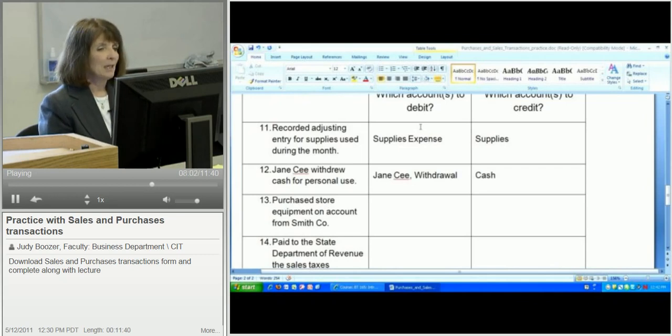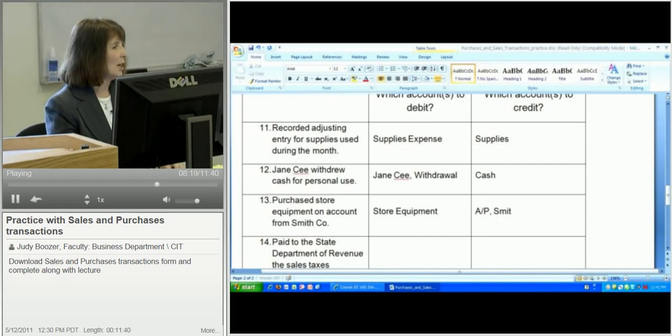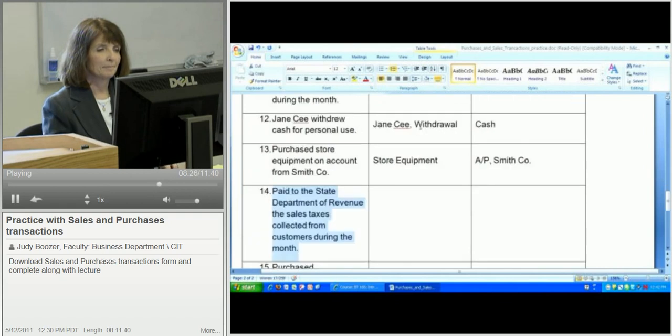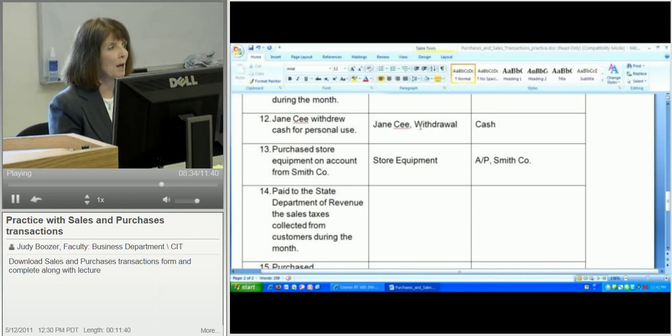13, purchase store equipment on account from Smith Company. Good. Increasing the asset, store equipment, accounts payable, and great. Smith Company is the credit. Paid to the State Department of Revenue the sales taxes collected from customers during the month. Good.